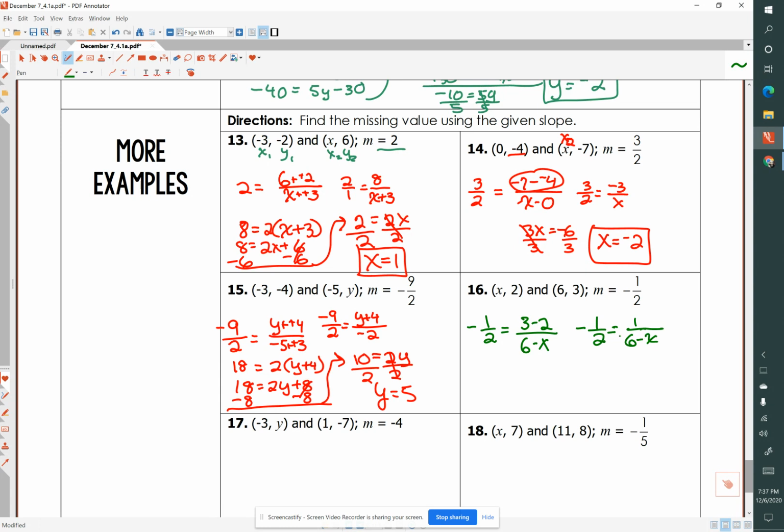So 2 times 1 is 2 equals negative 1 times negative 1 times 6 minus x is negative 6 plus x. Okay, because a negative times a negative is a positive. So let's add 6 to both sides. And 8 equals x.